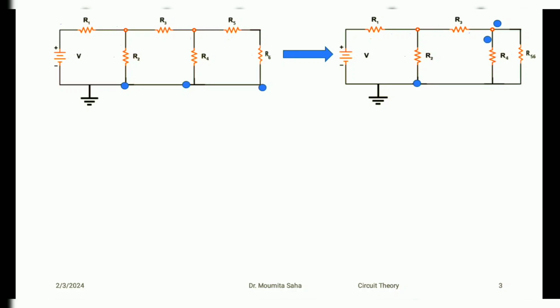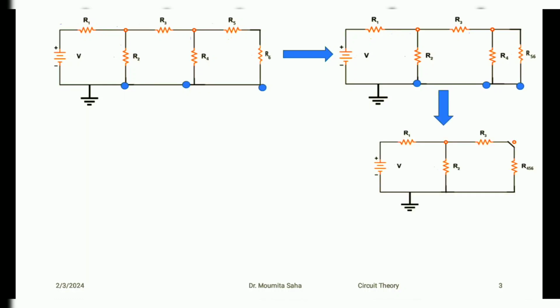Here R4 and R5 6, the current splits up and flows through, which means they are in parallel connection. And we know the formula, I have shown the formula in the previous slide, for how we should take the equivalent when two resistors are in parallel connection. So we can simply replace them with the equivalent of R4 5 6 combined with R3.